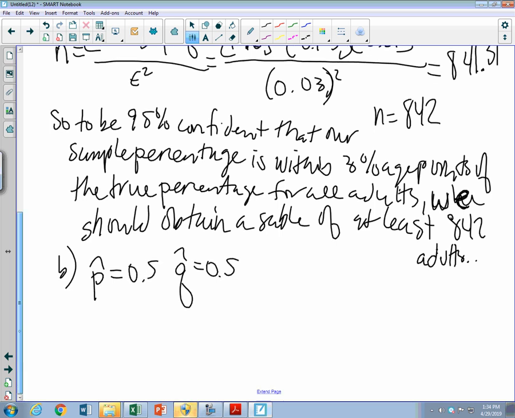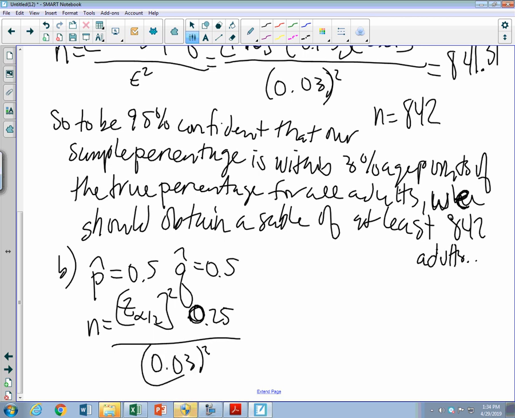And then we can solve this once again the exact same way. Write the formula. Again, it's just good habit that every time we use a formula, we write it out: square the critical value, multiply by 0.25 if we want, or you could show it as p-hat times q-hat, but in this situation it'll always be 0.25, and our margin of error squared.